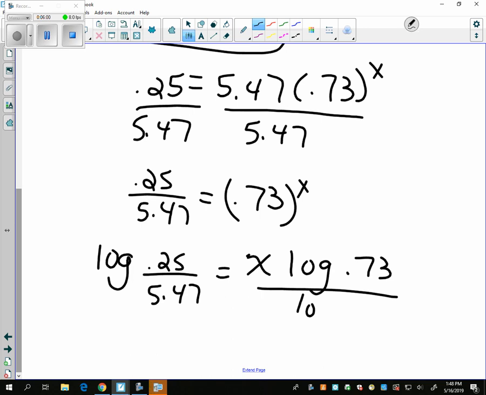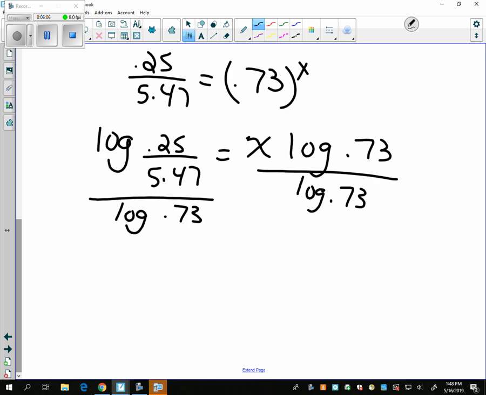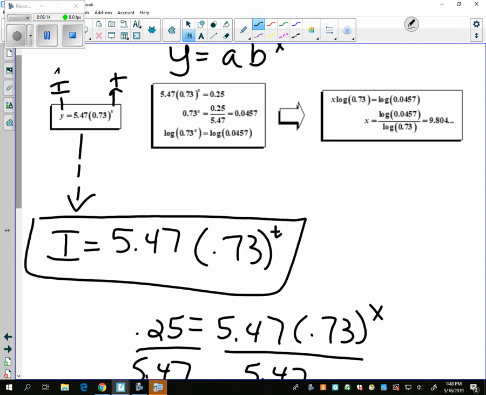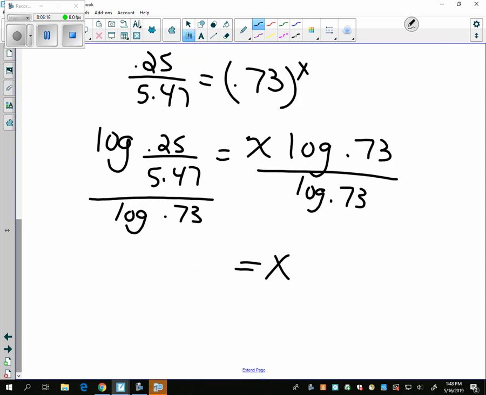So you divide by log of 0.73. And then you get x equals whatever this number comes out to be, which should come out to be 9.804 dot, dot, dot. And to the nearest tenth would just be 9.8.